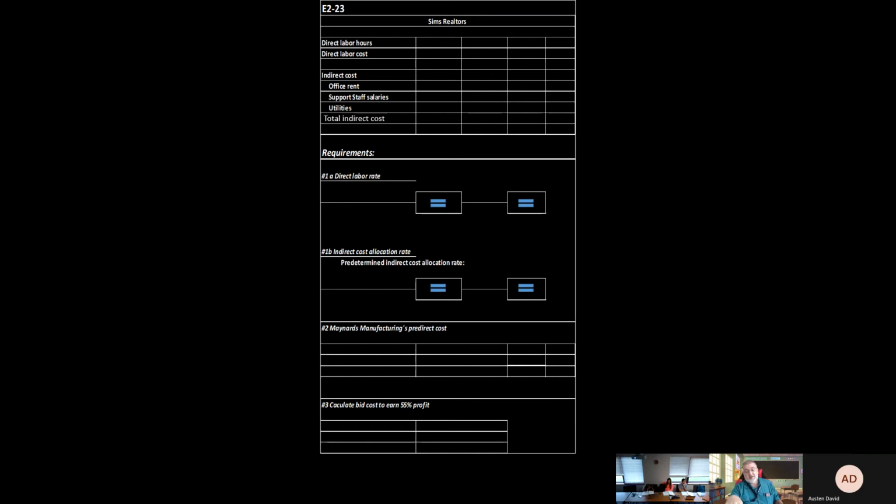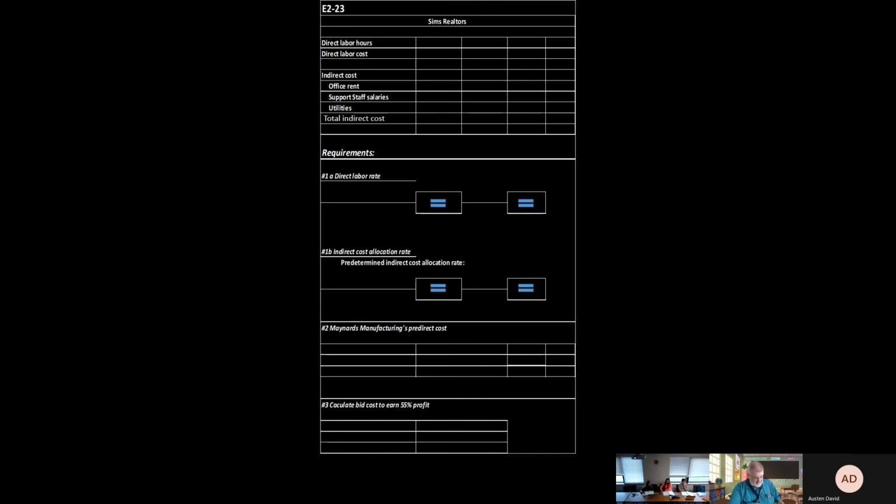Remember that one slide where it said there are three different drivers for our predetermined allocation rate? It could either be labor hours, labor cost, or machine hours. In this case, the book is telling us they're using labor costs. So we know that we're going to be using a dollar figure and not a straight hour number.